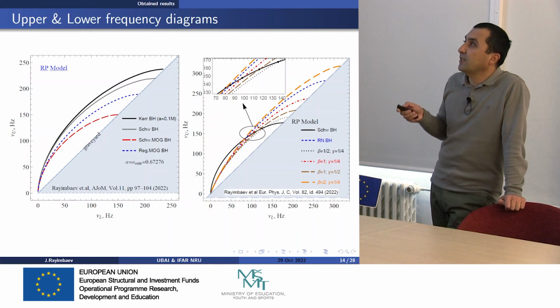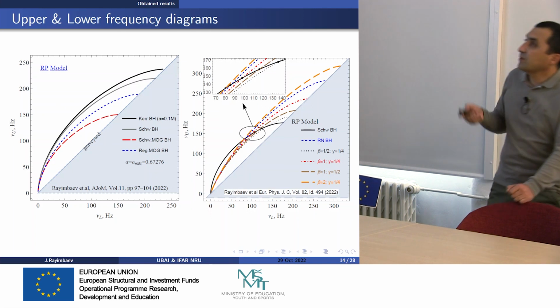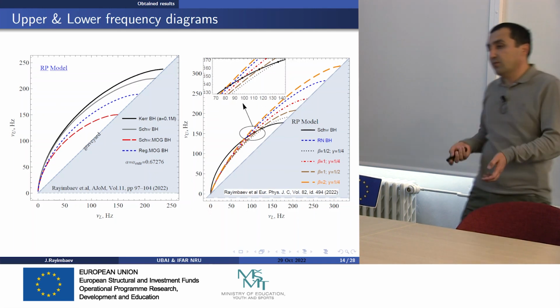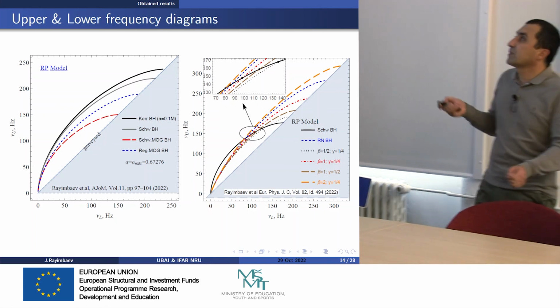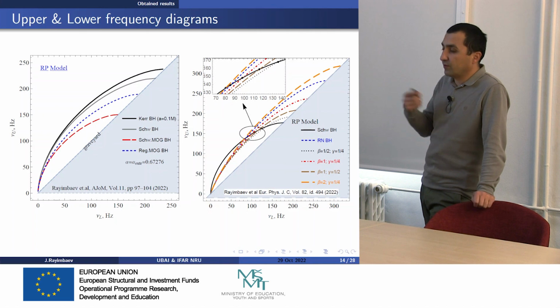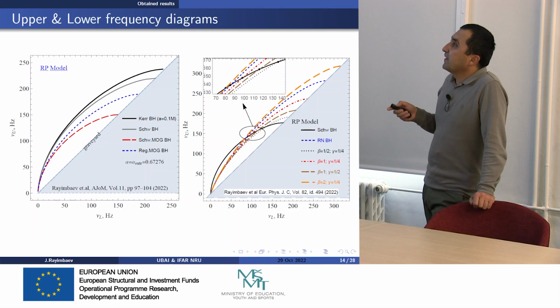If it is here, it can be either Schwarzschild Mach or regular Mach. From this point of view, the black hole solutions also have some mimics for different values of alpha.